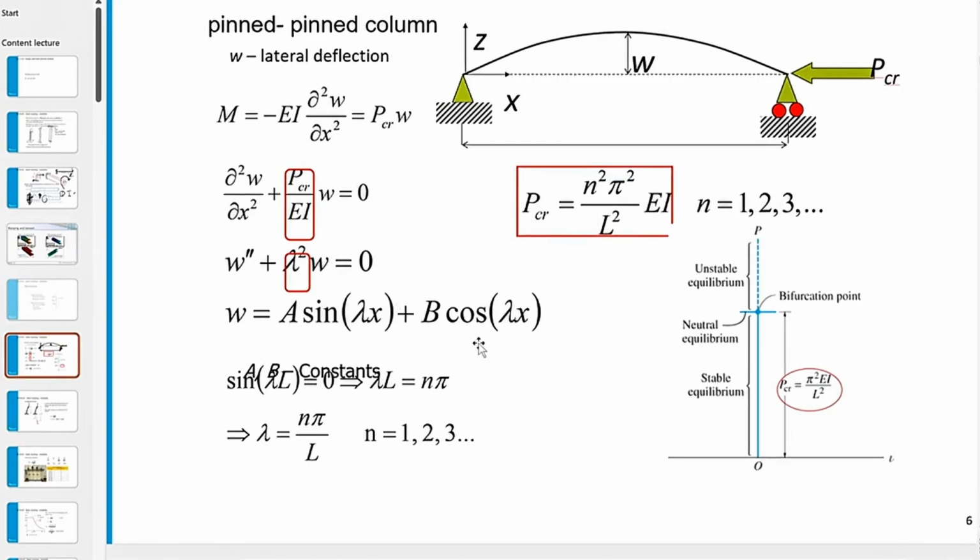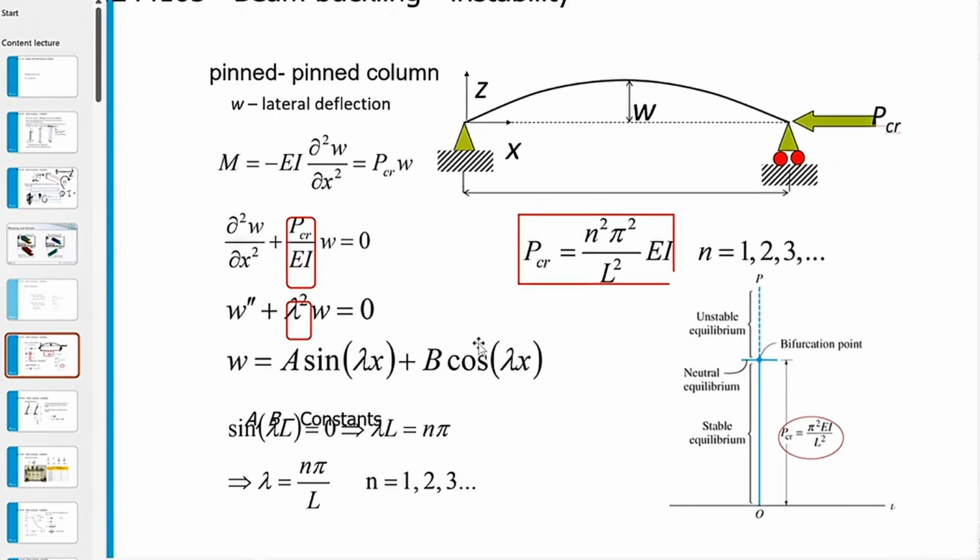So we have a 1D beam element, with a load on the top, and depending on a small deflection, you can come up with a buckling analysis of this shape, where for N is 1, that is this value.